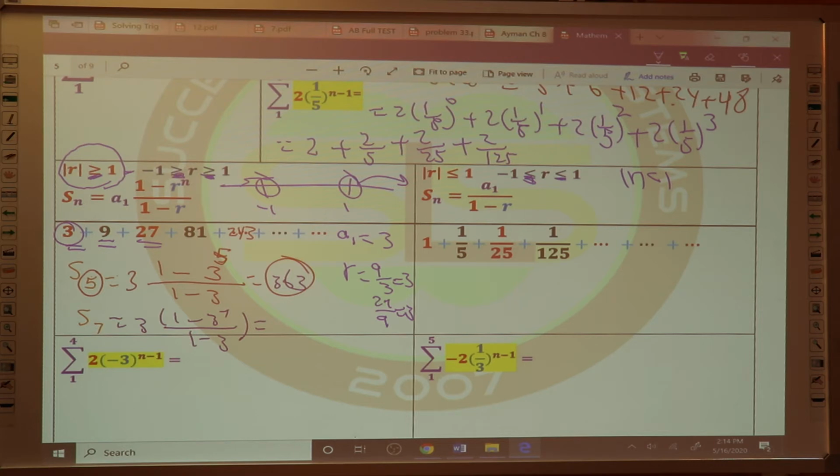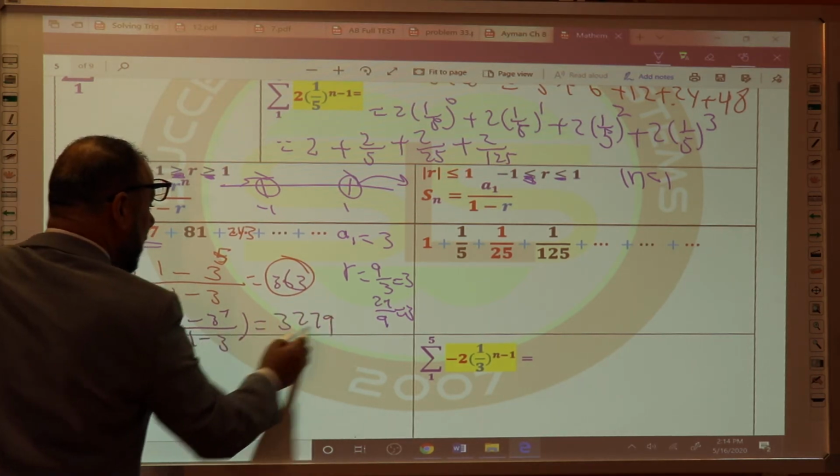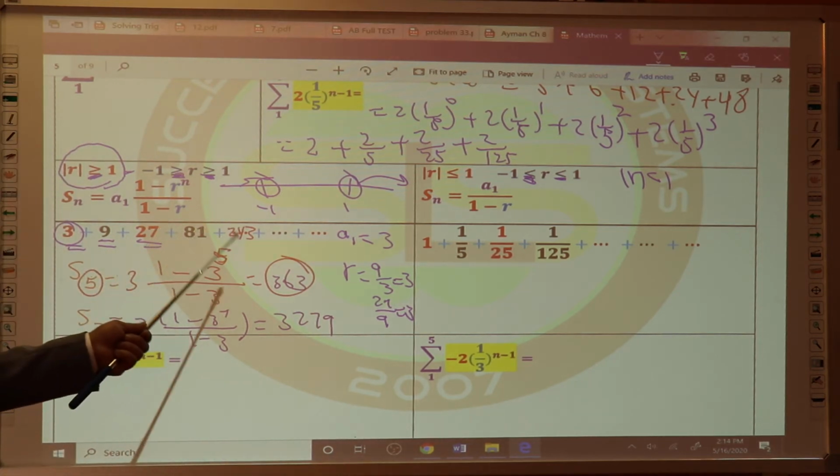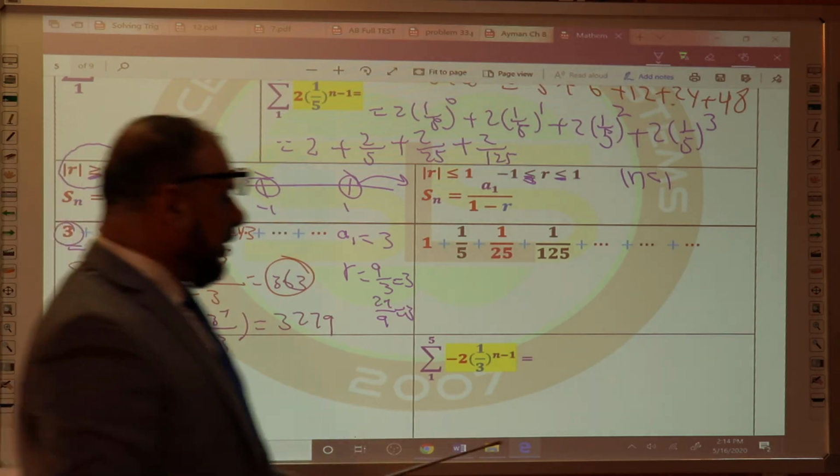Times 3. 3279. Okay, you can try. Add the 7th term. Keep going. This multiply by 3. This is another example.